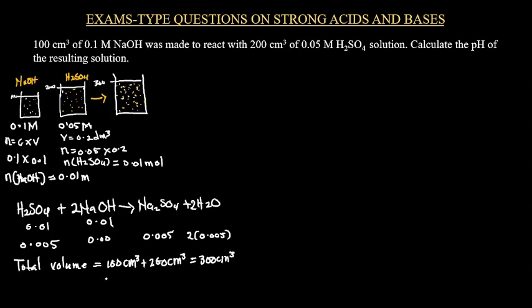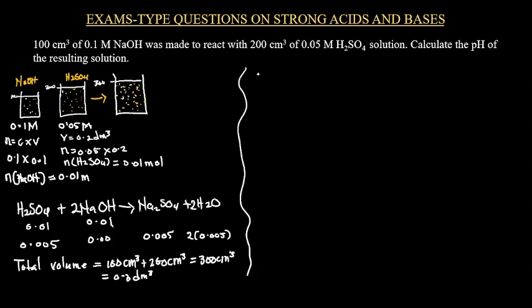Okay, and so we'll have 0.3 dm cube, right? So we are trying to find the concentration of H2SO4 that is left in the solution, and we'll see what we'll do with it very soon.